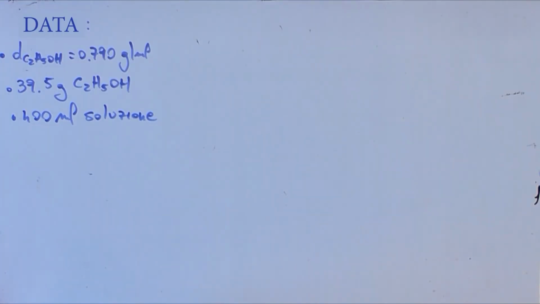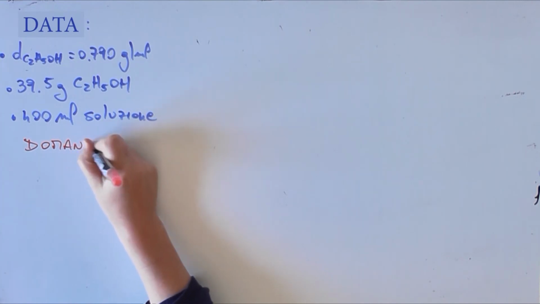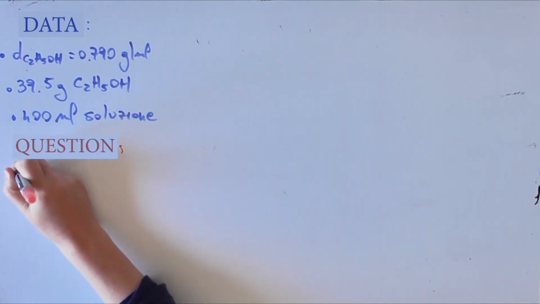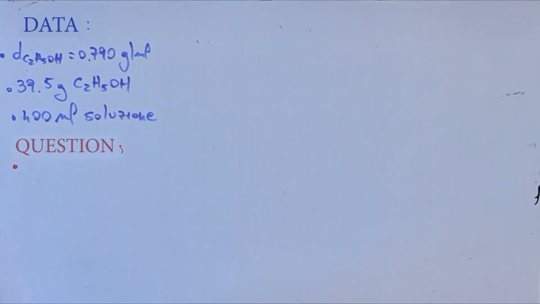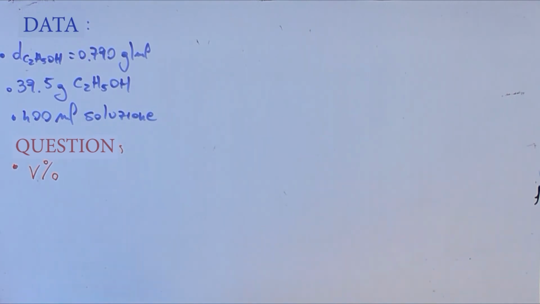The problem is telling that you have to consider the volumes additional. Why that? Because in chemistry, not all the time the volumes are additional. Sometimes they can change. The total volume can change. So the question of our problem is, what is the volume of ethanol in water?